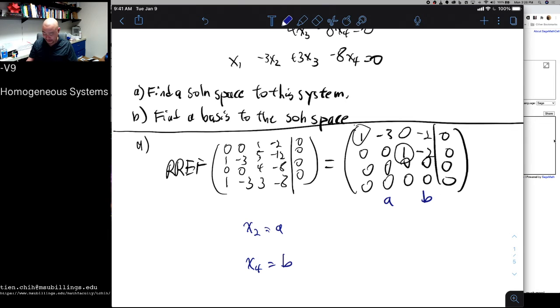We are dealing with these two variables specifically because those are the free variables.